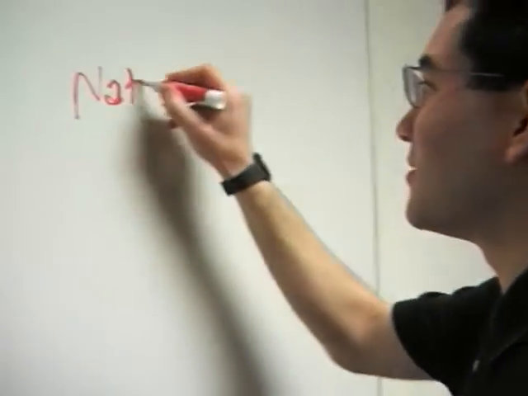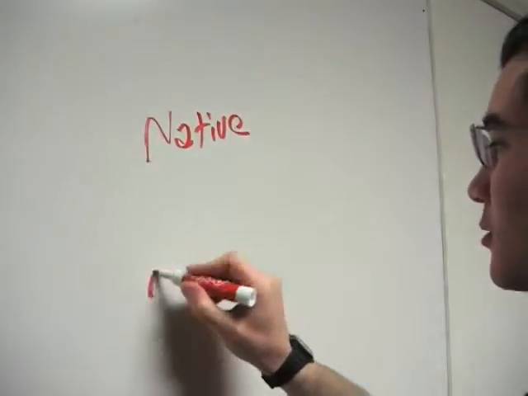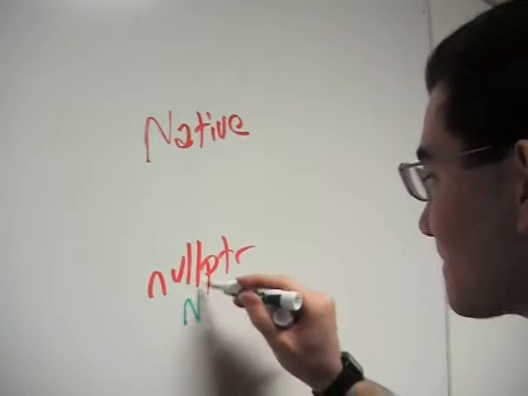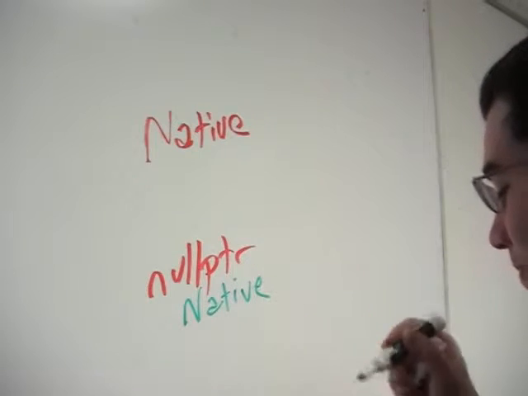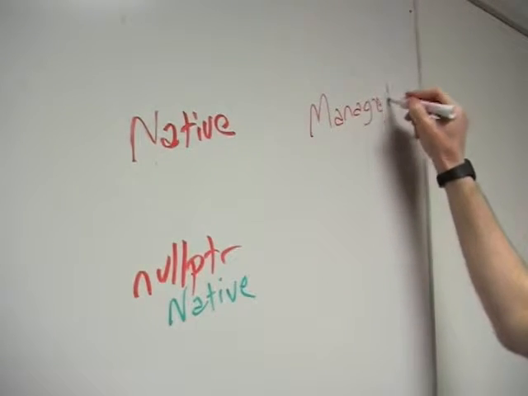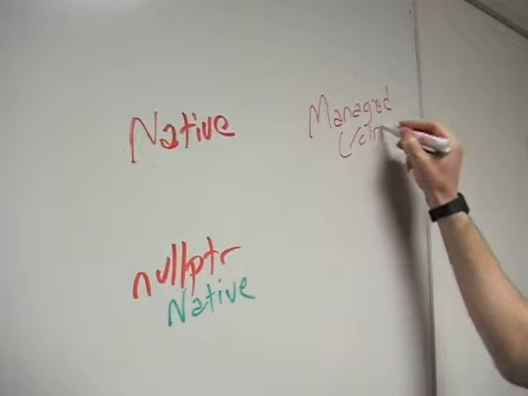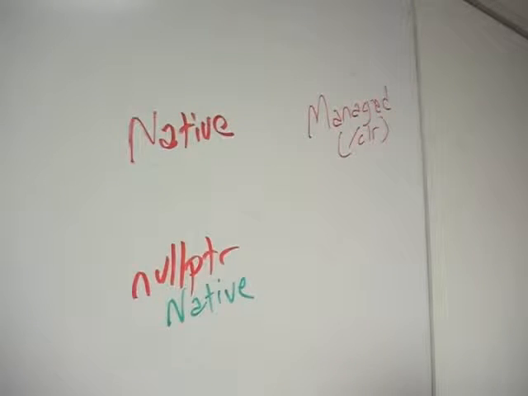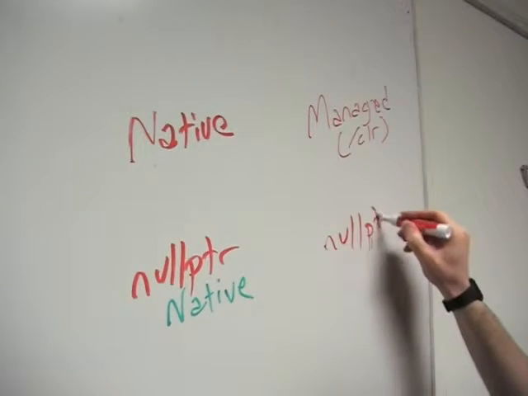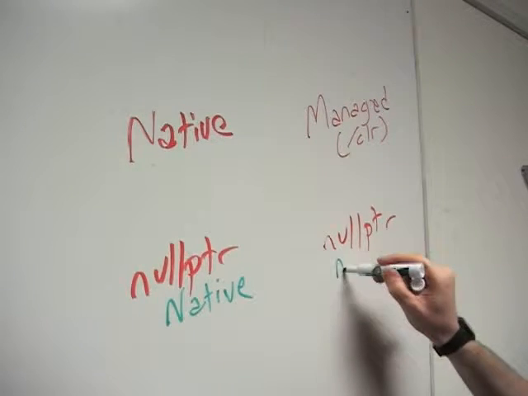Only your interop layer. So in native, if you say nullptr, this one is native. Okay. In managed, and this is like /clr or /clr:pure, which I'm not sure anyone actually uses, but we support. If you say nullptr, this is managed.